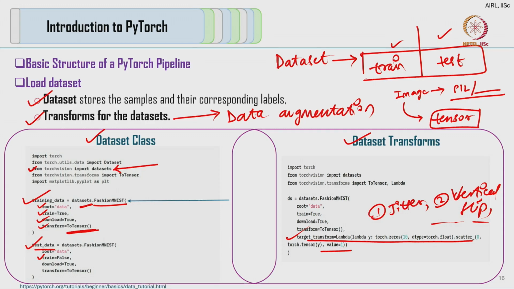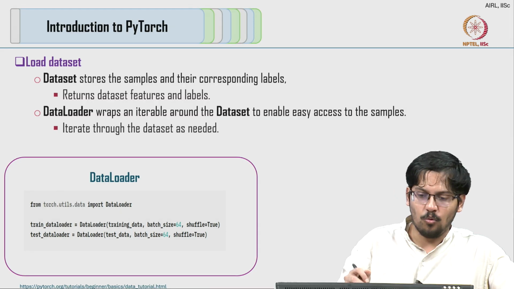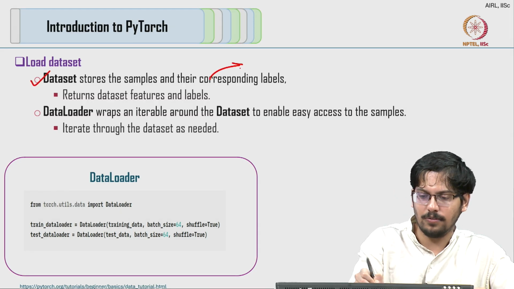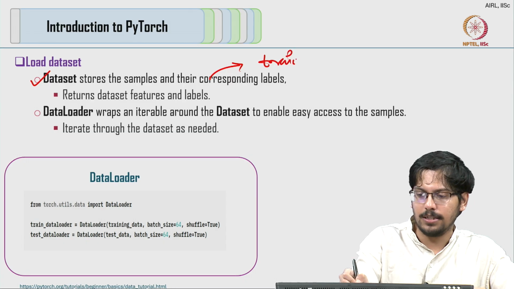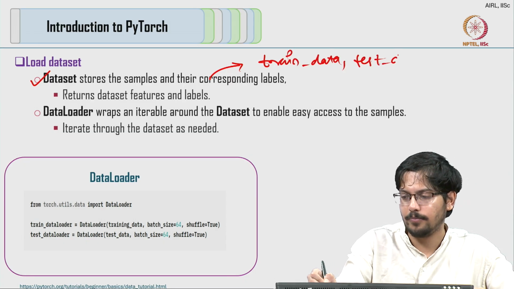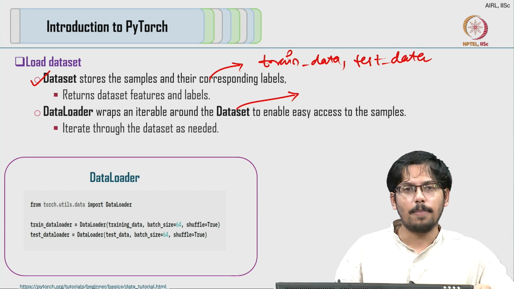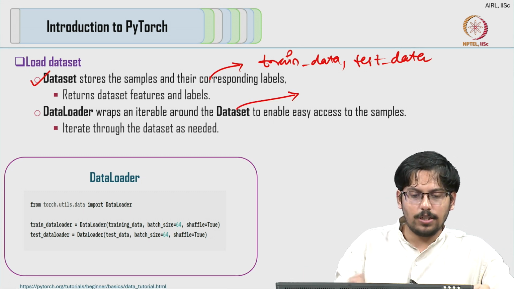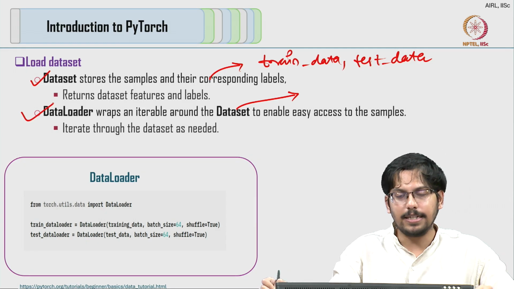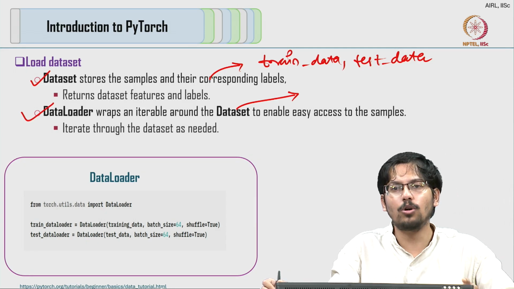Now, since we have these variables defined, train data and test data, let us move to the second part. Once we have defined the train data and the test data, we need to use something known as a data loader. Data loader is essentially an iterable tool which will iterate over the whole data set.